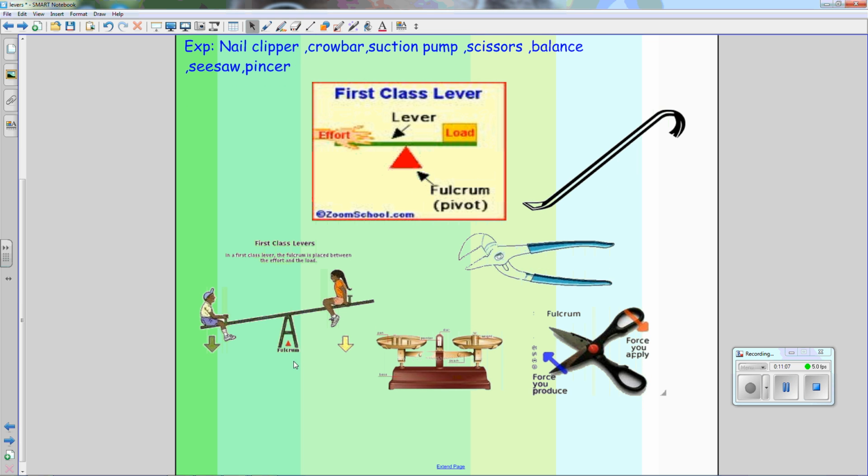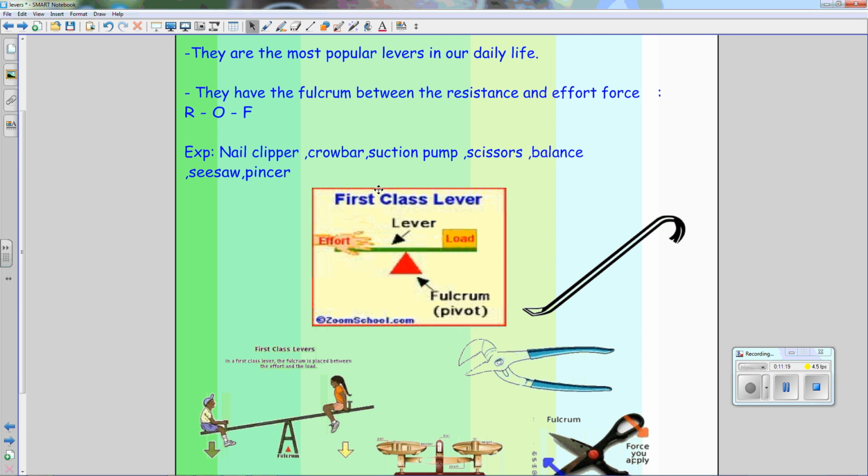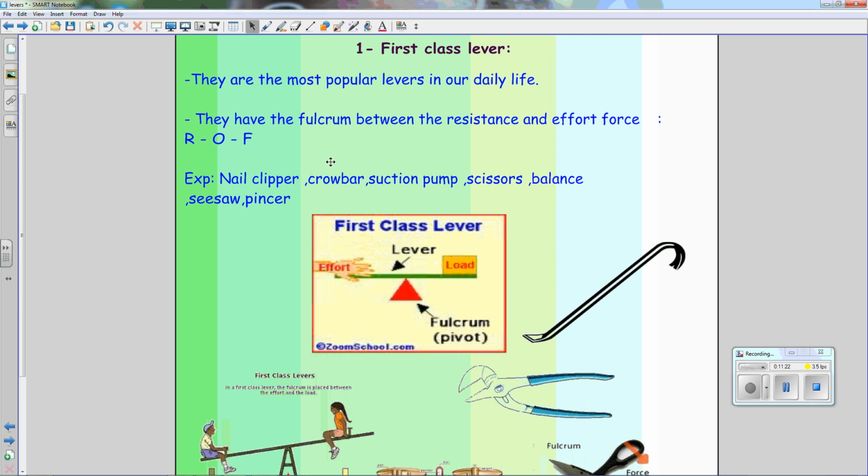Because all of them have the fulcrum between the effort force and the resistance. So the first class levers are levers having the fulcrum between the resistance and the effort force.